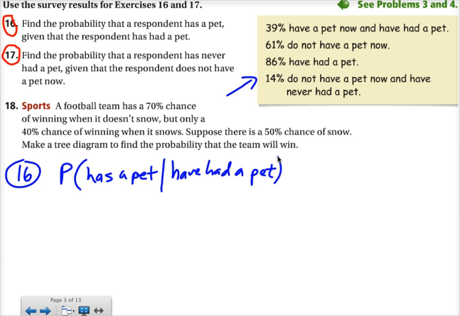And then we need to think about what that means. When we are finding the probability of B given A, we are supposed to find the probability of A and B divided by the probability of A.